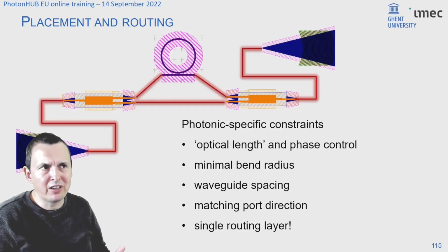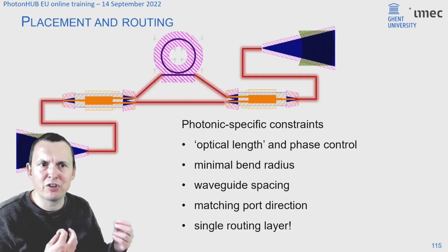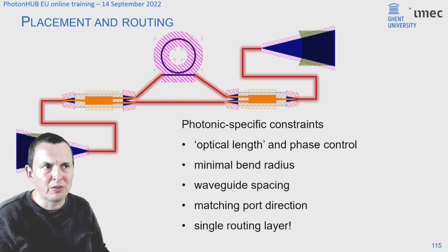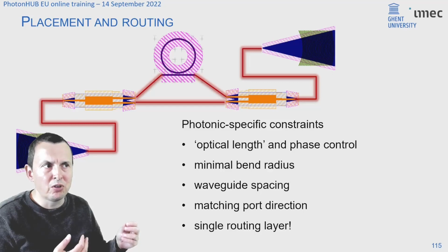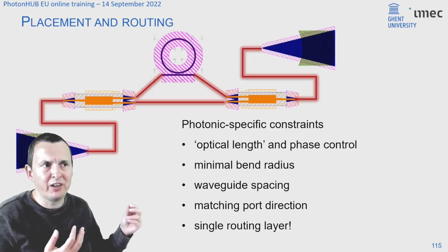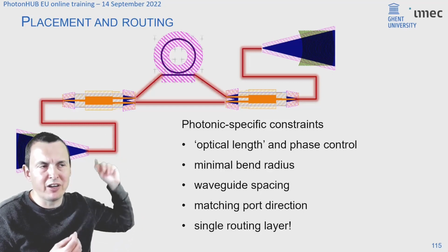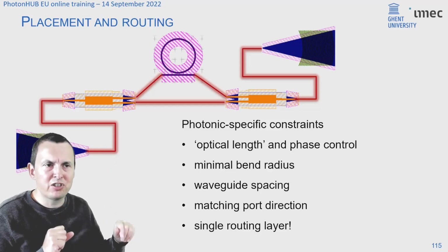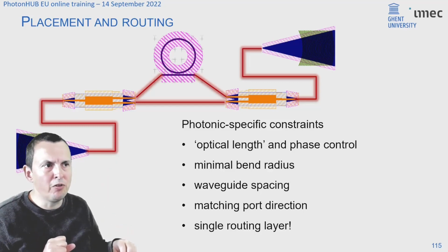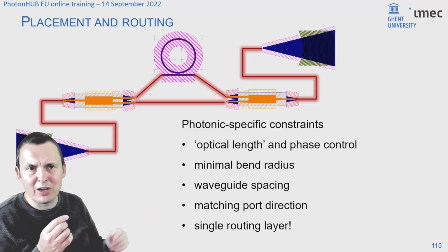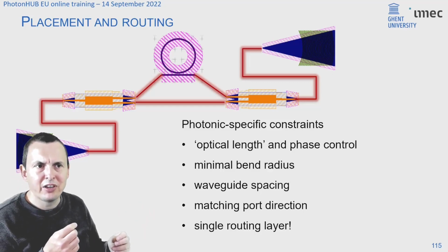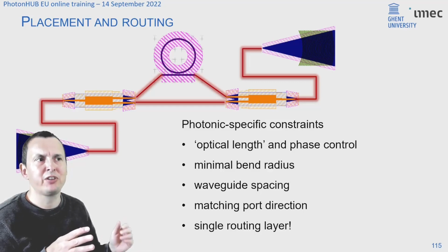So in this case, in circuit design, we're not in the business of drawing individual polygons. No, in circuit design, we try to take as many reusable building blocks as possible, which we then hook together. So the polygons that we're drawing are usually only the connection waveguides, while everything else is just a matter of placement. Of course, routing waveguides is similar to routing electrical wires in electronics, except that there are some more boundary conditions.